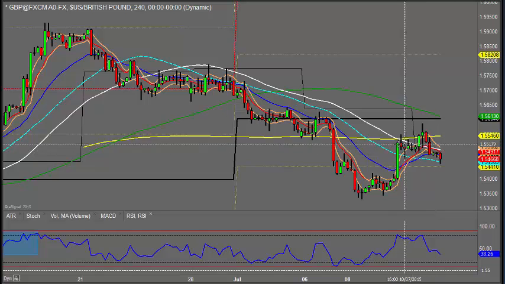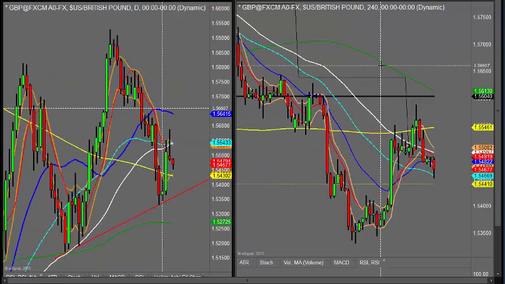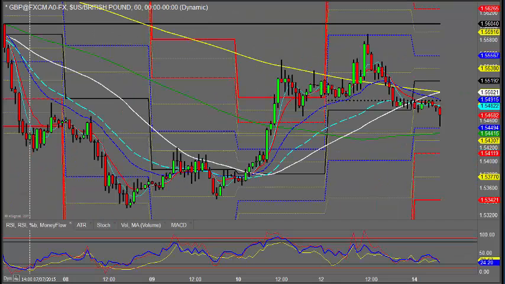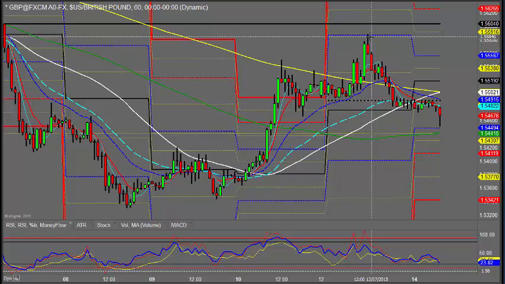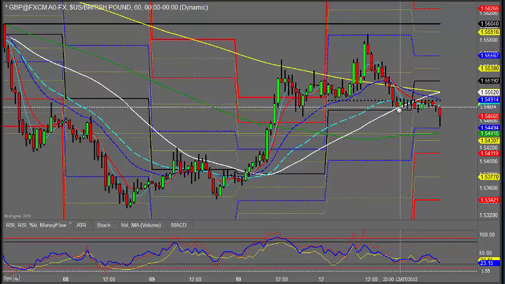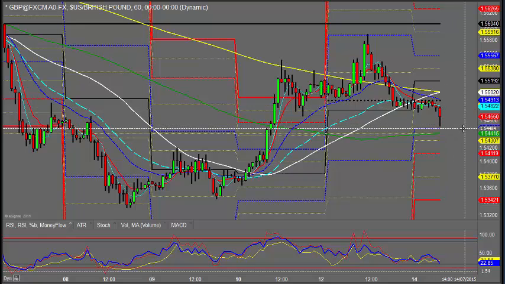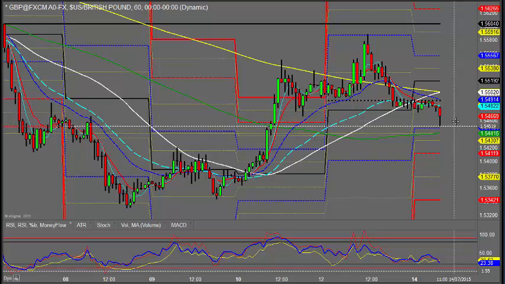Looking at the 4 hourly, there was a bit of divergence kicking into play as we ran into resistance on the shorter time frames. There you go, just ran into the R1 area, just short of the monthly pivot there. Rolled over, came back, just about missed out on the daily pivot, but caught the weekly pivot, so that's out of the way now. And we've been within a fraction of the S1 there.